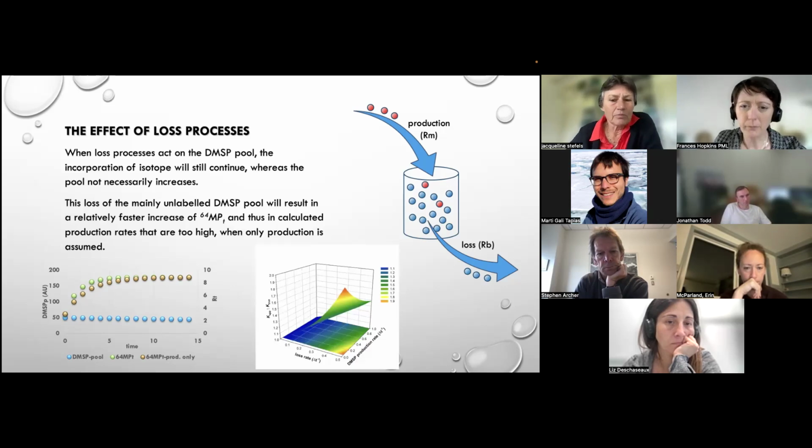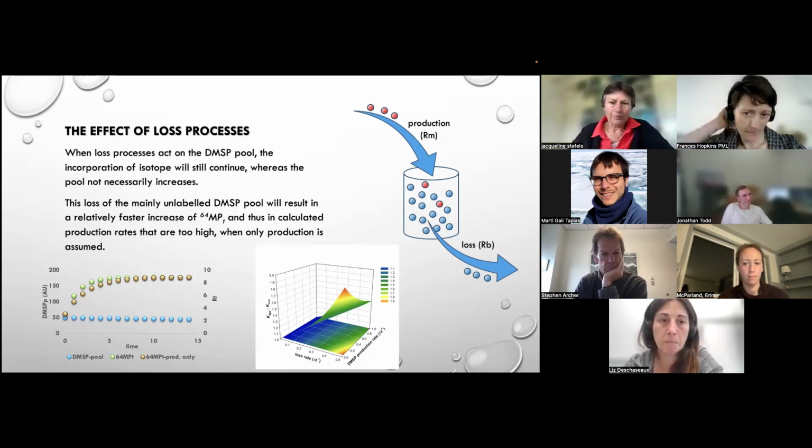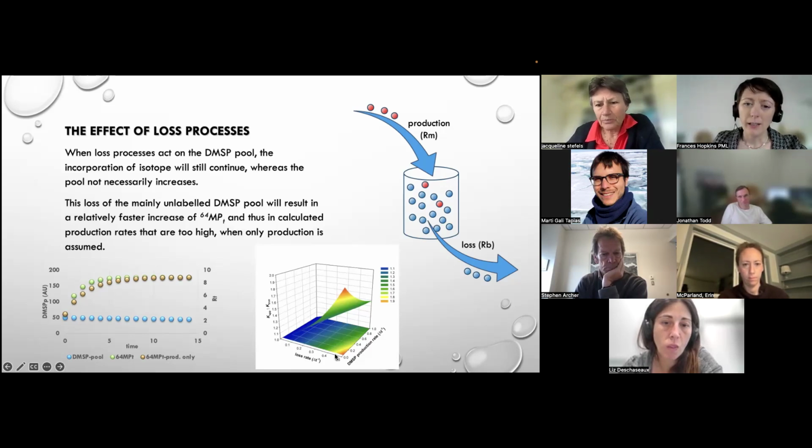I've provided that in the same paper with this model outcome, which shows that if you have very low DMSP production rates but relatively high loss rates, then the difference between what you think you are measuring and what the actual growth production rate is, is relatively high.